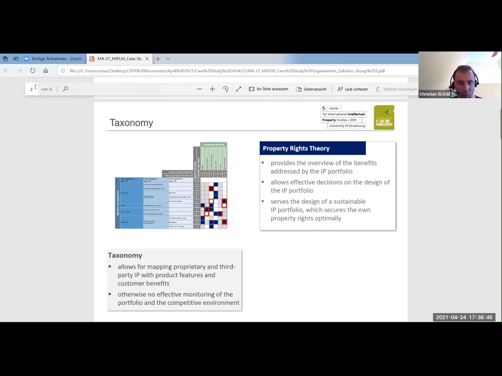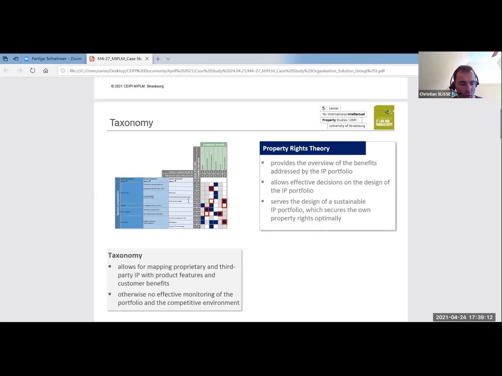What does it mean when you apply this principle to IP rights? It's used to map own and competitors' IP rights with essential product features and associated customer benefits. And a tool which is used for this is called IP function development, or also IP requirement matrix. And this is what you can see here.